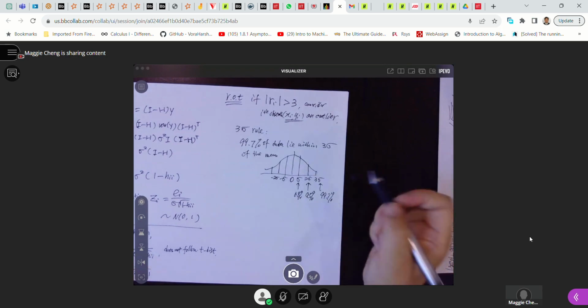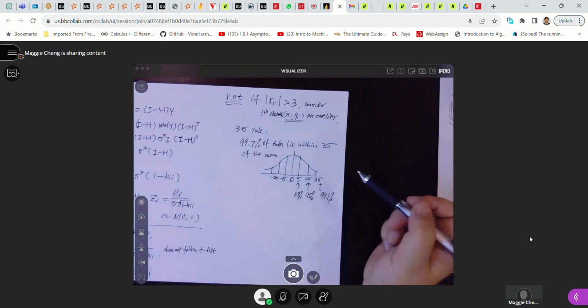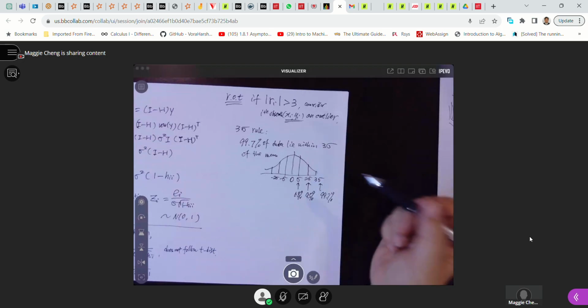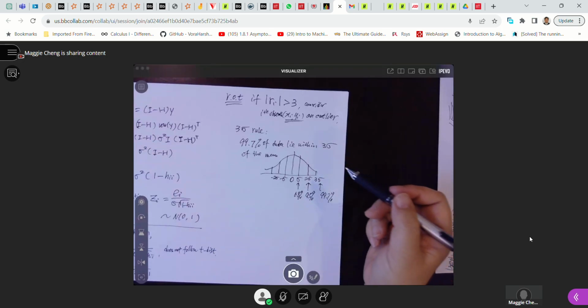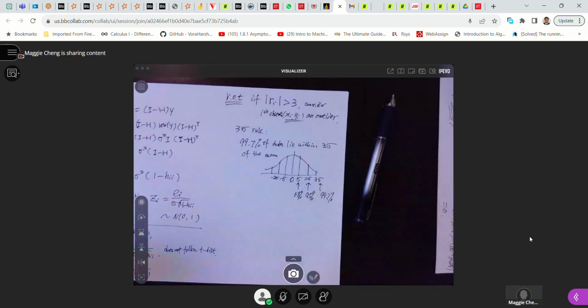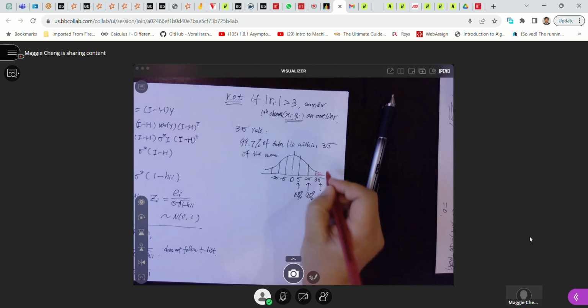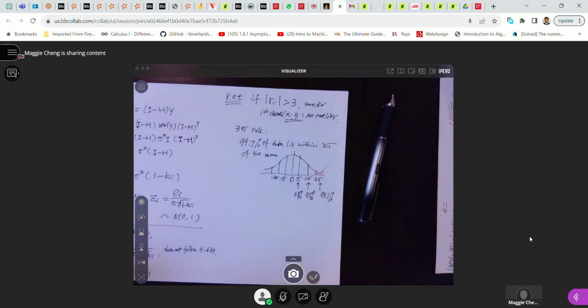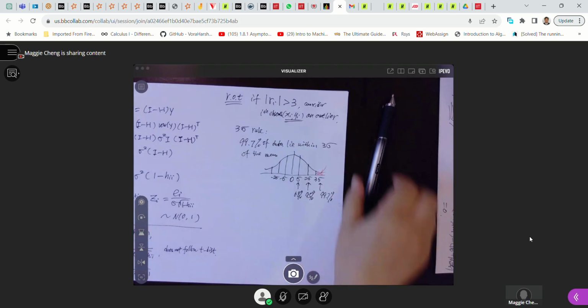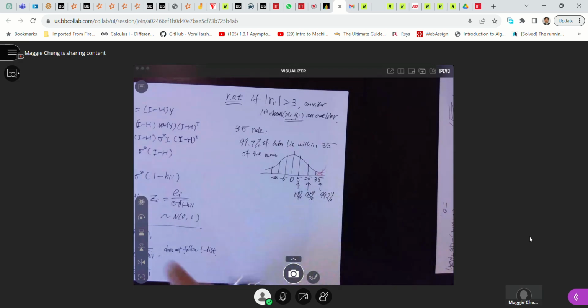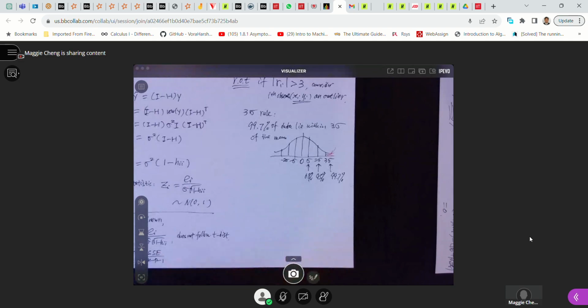So what it means if your Ri is greater than 3, that basically means you are somewhere here. If the data you calculate falls in here, you can reject it. This is by using the rules we developed from the Z distribution. But right now we don't have Z because we are using estimated sigma.